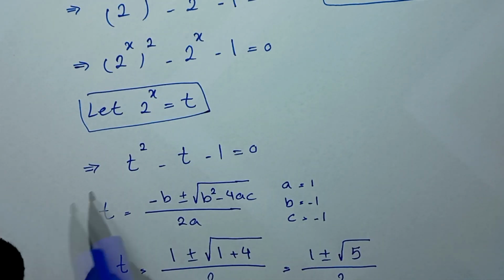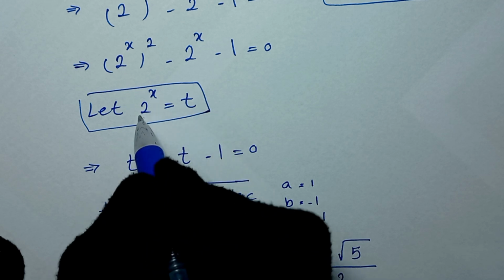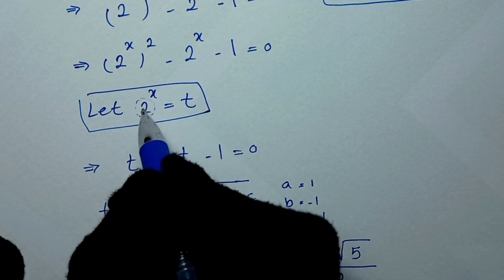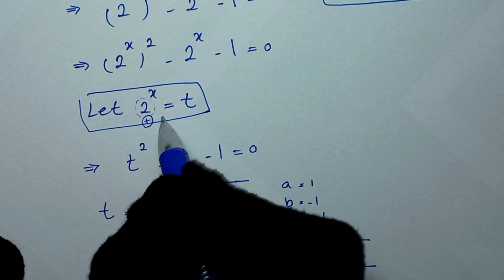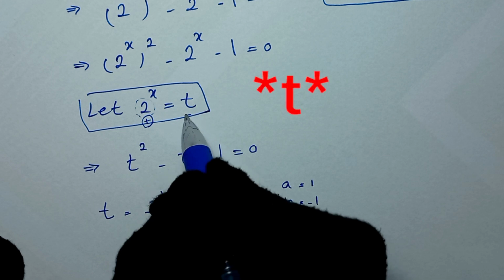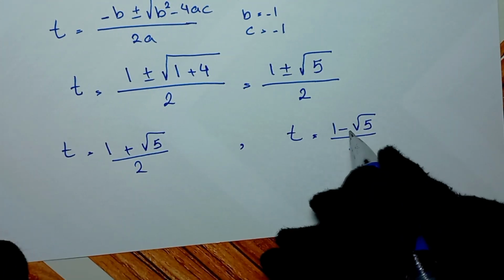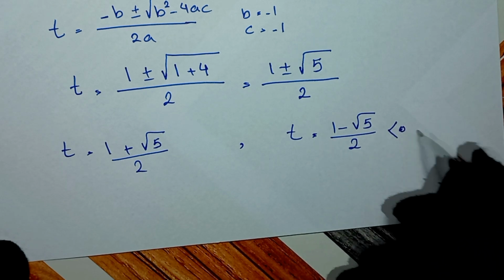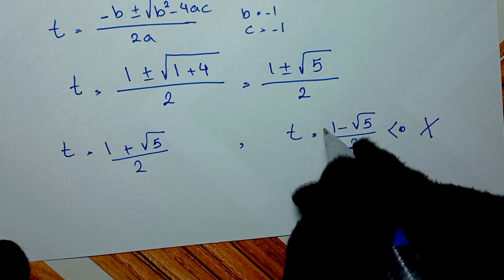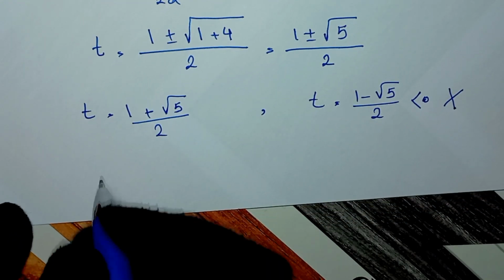And in here, 2 to the power of x is equal to t. 2 is a positive number, and a positive number to the power of x is positive, so this side is positive. But 1 minus the square root of 5 is negative. So we reject this answer for t, and t is positive, so we continue with this.